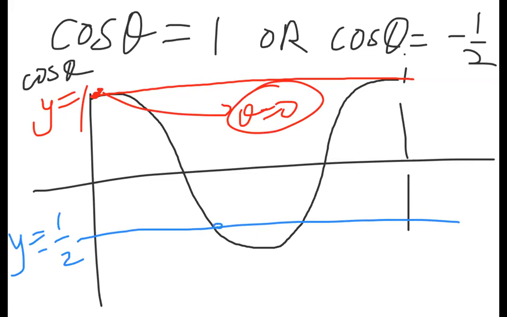And for minus 1 half, again, use the unit circle. This is 3 pi over 4. Oh, sorry, 3 pi over 2. Wait, 5 pi over 4, sorry. And 7 pi over 4. Wait.